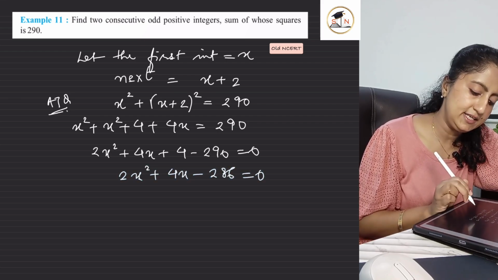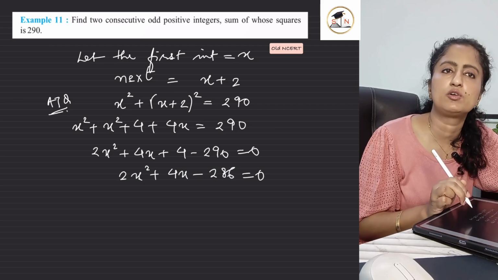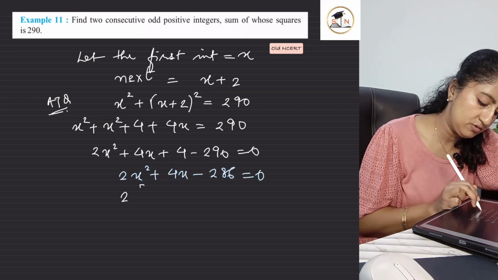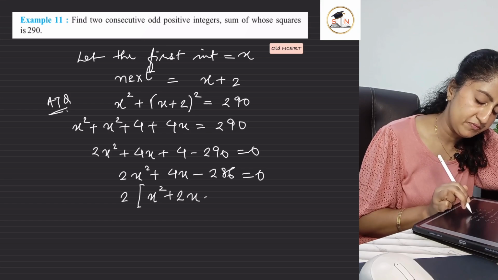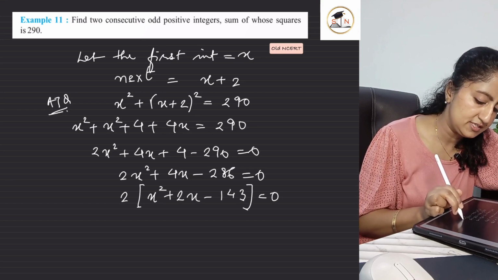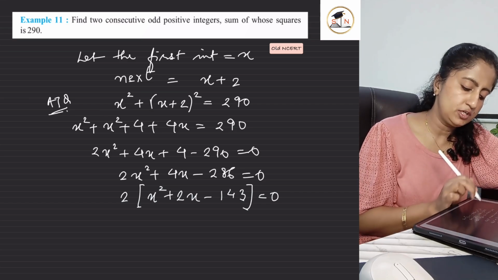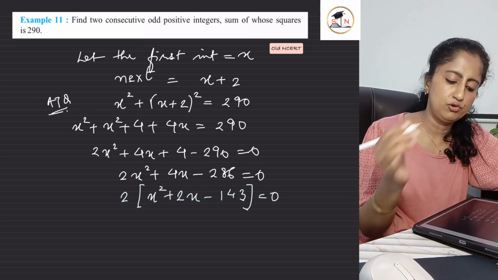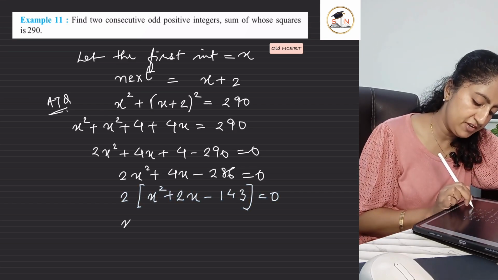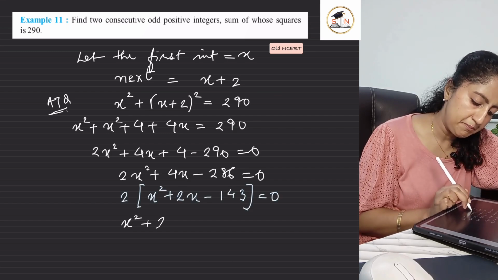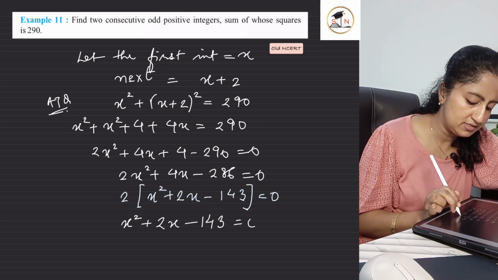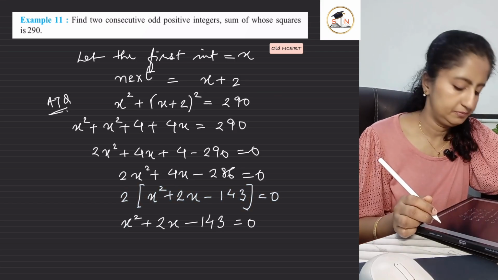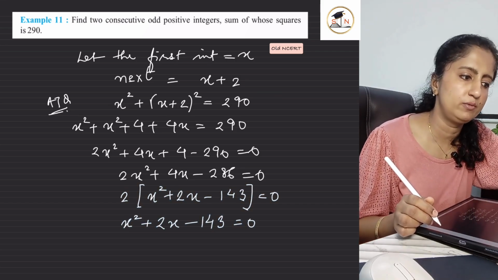Now, we have 2 as a common factor over here, right? I'm taking it out. That leaves me with x square plus 2x minus 143 equals 0, right? The 2 that we have taken out will go to 0, and the standard form we are left with is x square plus 2x minus 143 equals 0, right?